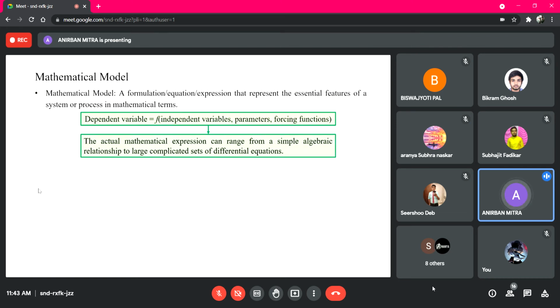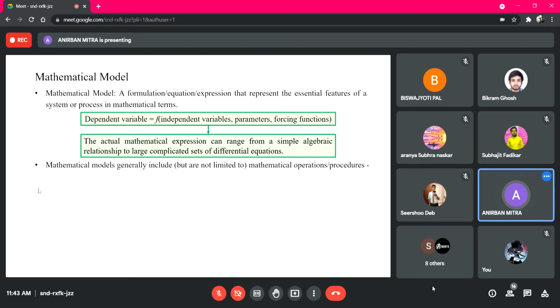If it is a simple system, maybe a single linear equation would be enough. But if it is a complicated system, a continuous system such as a beam vibrating under some external influence, then of course you have to have other complicated differential equations to describe its motion.